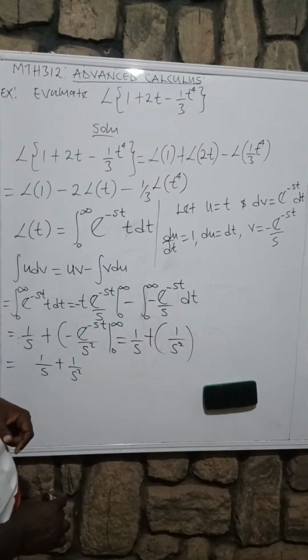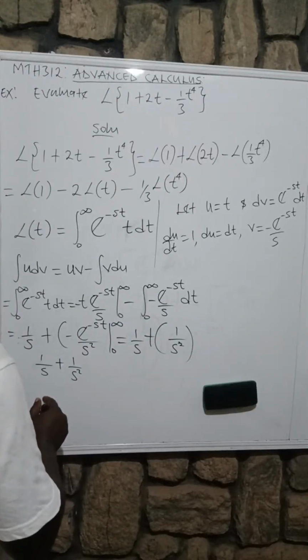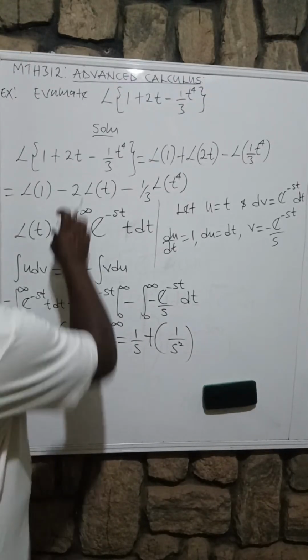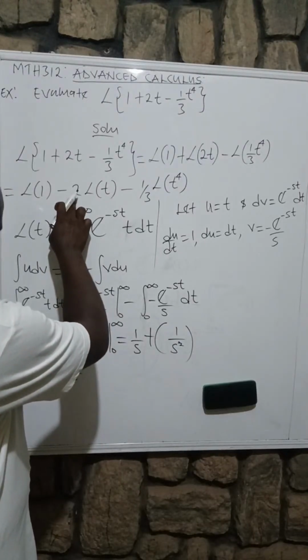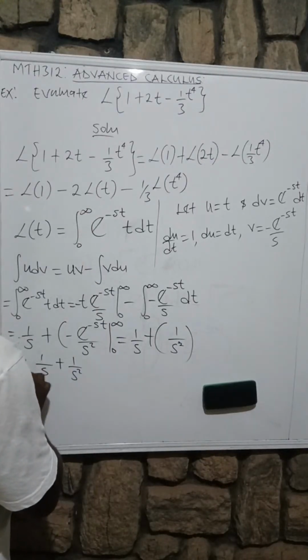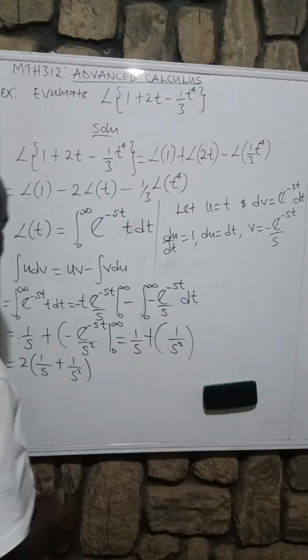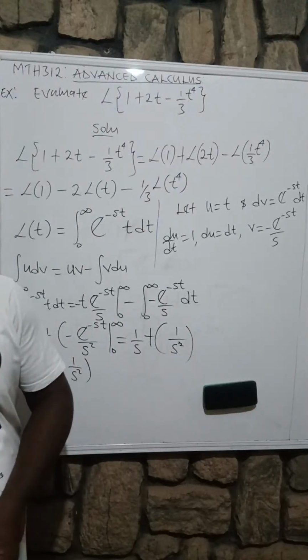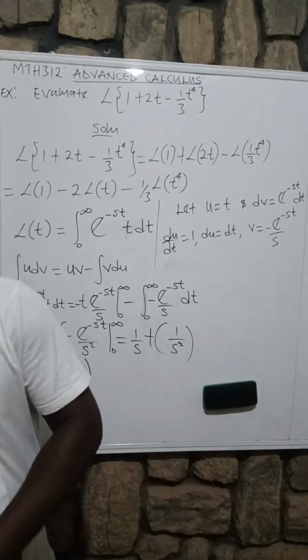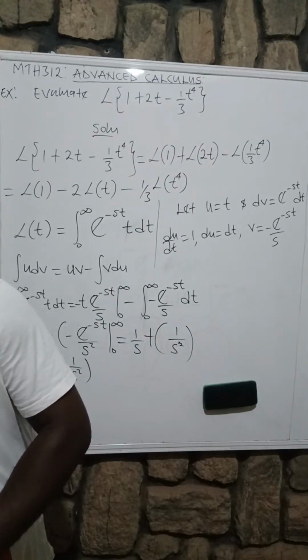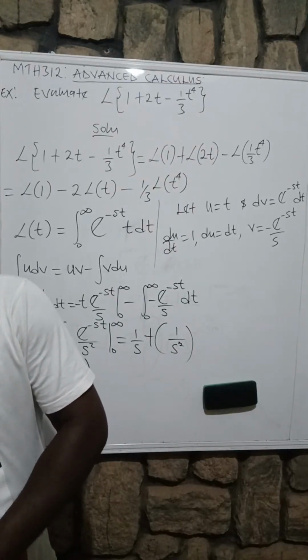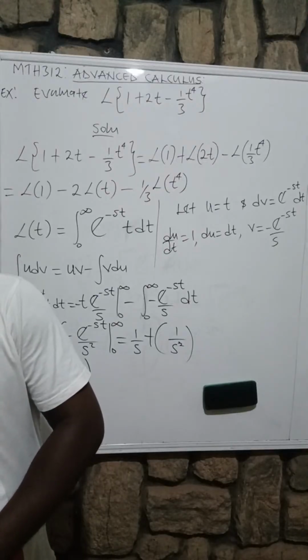Isn't it? It is. But mind you, we have 2 here, right? So 2 open bracket this. When you look at it, true or false? We have 2 here.